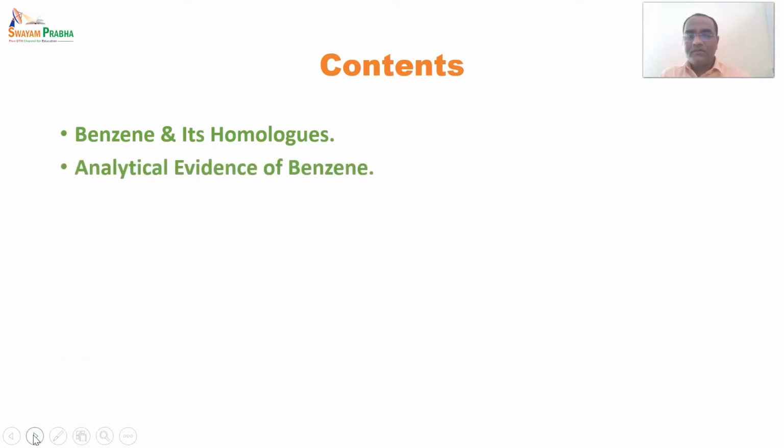Now we'll see the contents of today's lecture. The first content is benzene and its homologues. After that, what are the evidences of the structure? First, analytical evidences of benzene. After that, synthetic evidences of benzene.